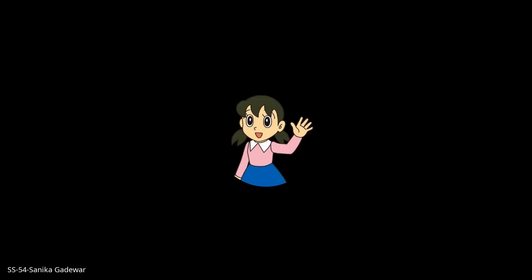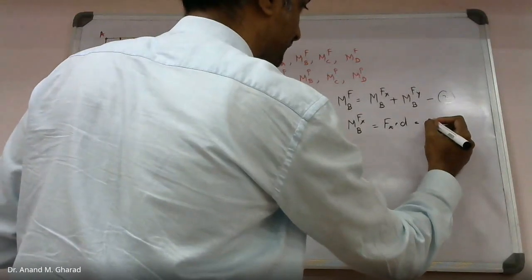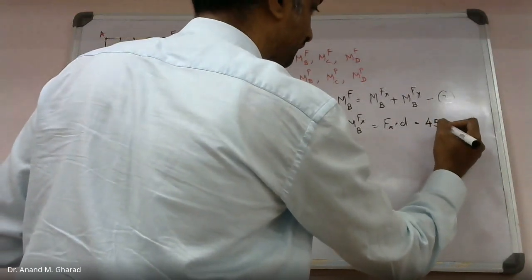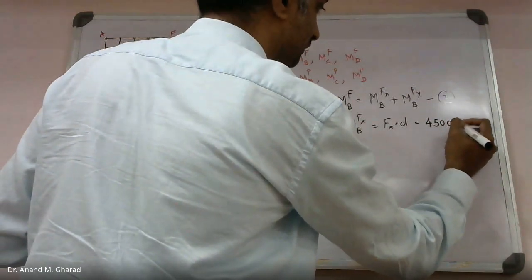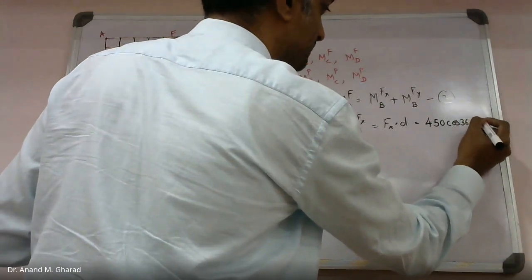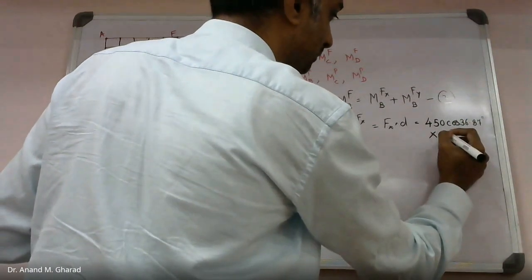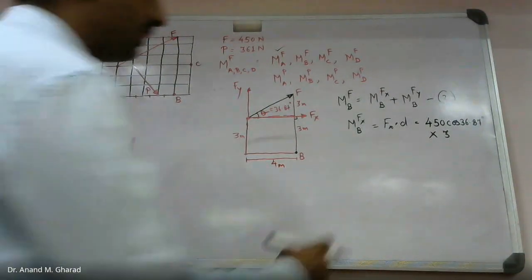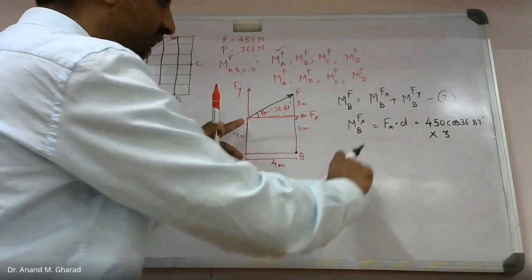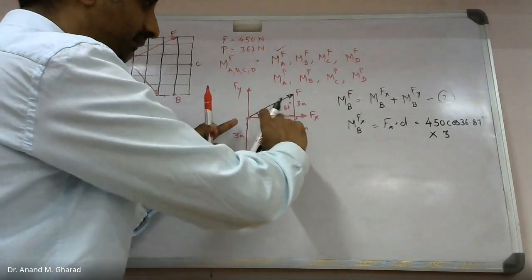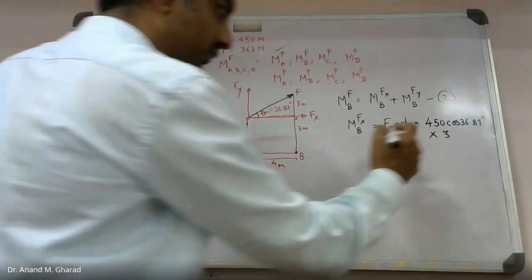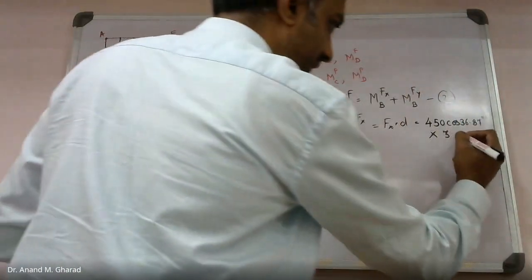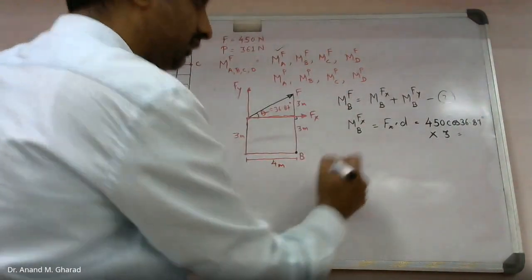So Fx is 450 cos 36.87 into 3. How is this rotating about point B? Clockwise, so this will be positive. Later on, you can find the final value.